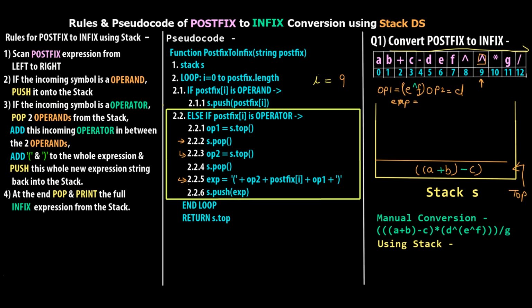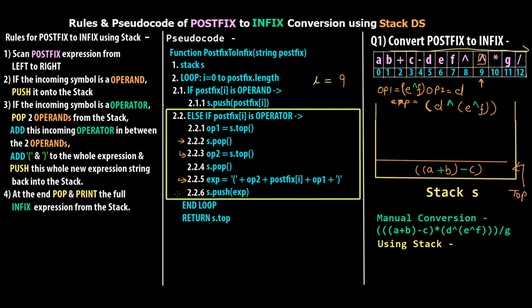Then we create this expression. We say opening bracket, we say op2, so op2 is D. Then we say postfix of I, which is the raised to operator, so I'm going to write D raised to, and then op1, which is E raised to F, closing bracket, and then we add this closing bracket. So we've got this expression.